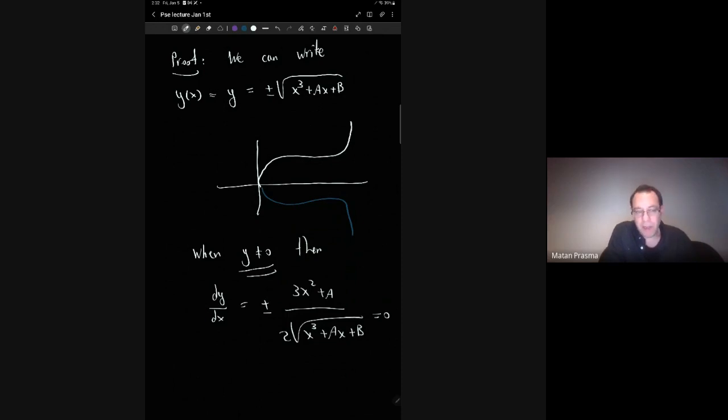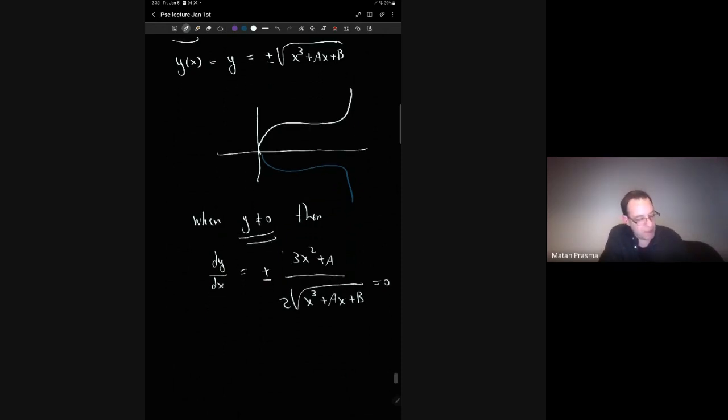And this happens if and only if this equation is satisfied. And then we will have a well-defined tangent line.